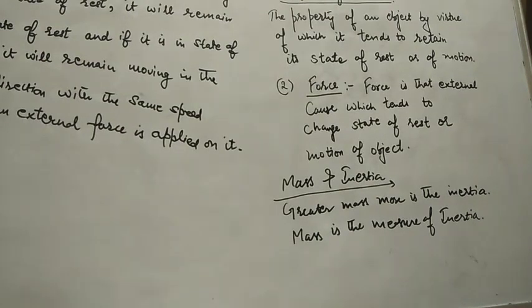More mass, more will be the inertia. Means for a massive body, if we want to change the state of rest or motion, then we have to apply more force. And if less is the mass of the body, then its inertia will also be less, so we need less force to change its state, whether it is at rest or motion.